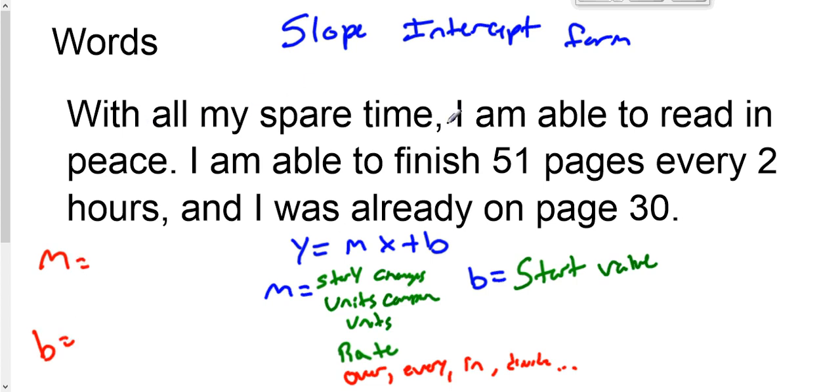With all my spare time, I'm able to read in peace. I am able to finish 51 pages every 2 hours, and I was already on page 30. So this page 30 is our start value. I started 30 pages. The other 2 numbers are probably going to be our rate. We even see our keyword every right there.